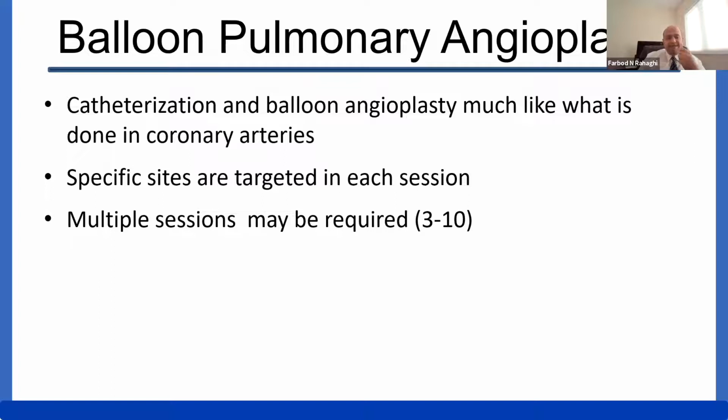You perform a right heart cath, you do a pulmonary angiography as we showed, and you find lesions and targets where there's a narrowing and you try to open it up. You can treat the patient through a series of these, a lot of times requiring multiple sessions, depending on the exact type of lesions and the comfort and specific approach of the person performing the procedure.